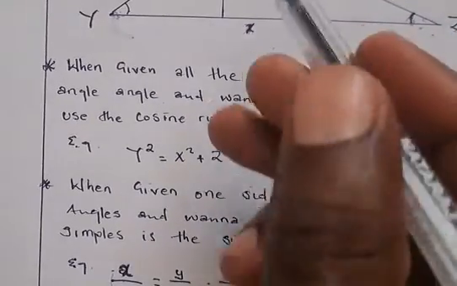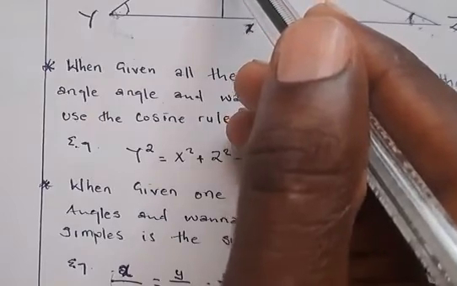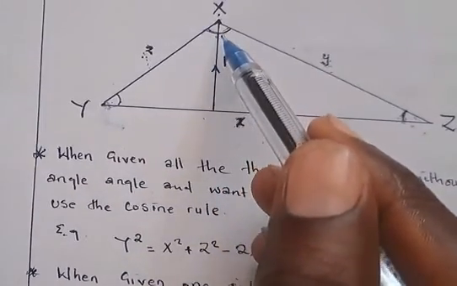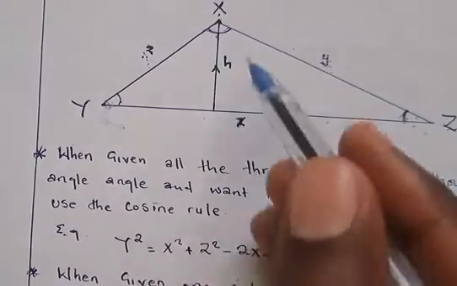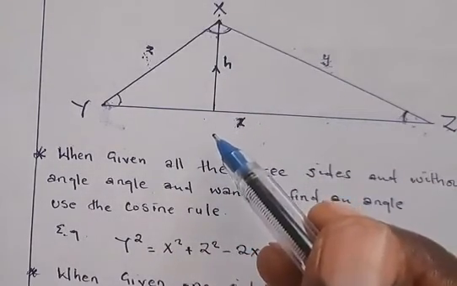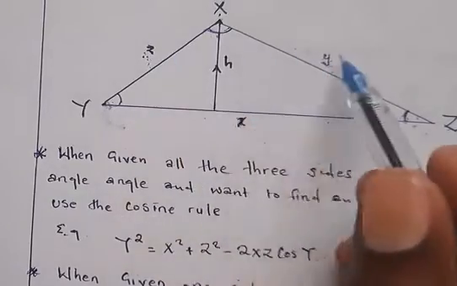Now let's say we are given this angle, which is x here. If we are given this angle x, it means that the area of this triangle is going to be half yz sine x.